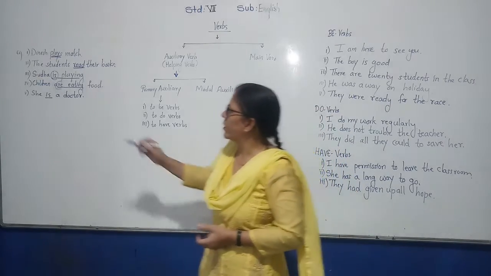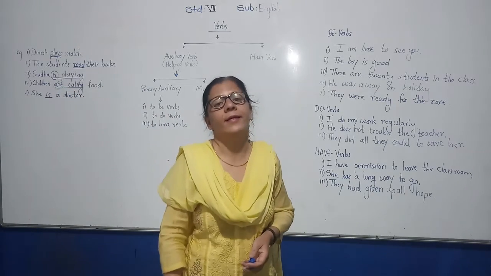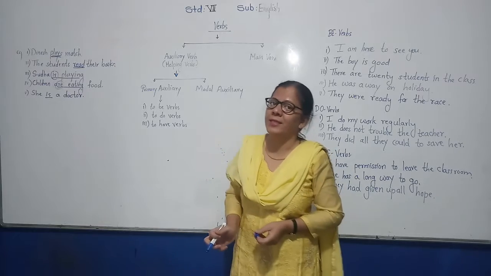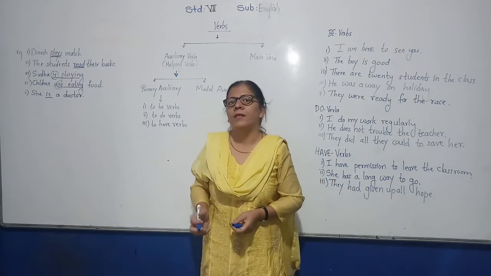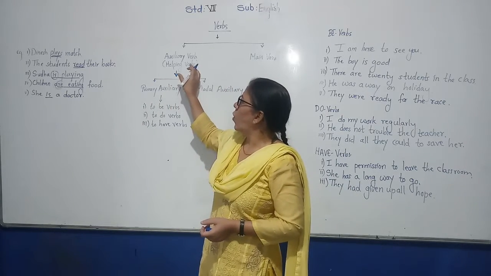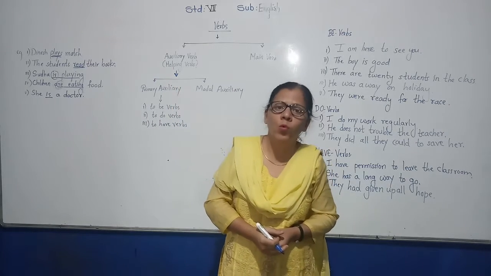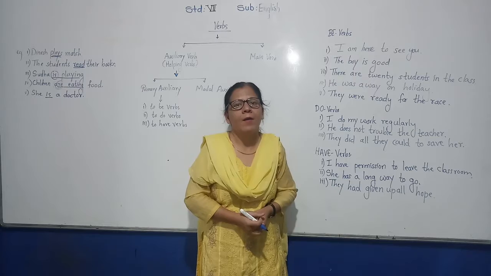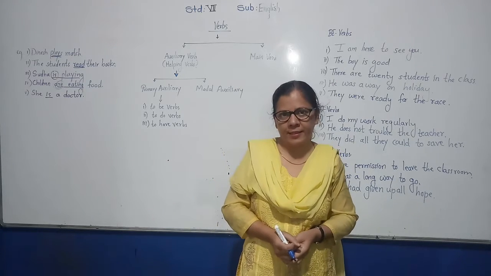Okay. Now here is, are, they tell us about the tense, that it is present tense. Yes, is, are, it shows the present. So auxiliary verbs tell us about the mood, the voice and also help us to form tenses.